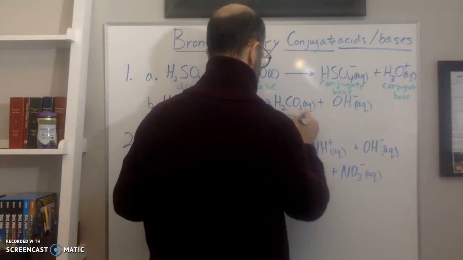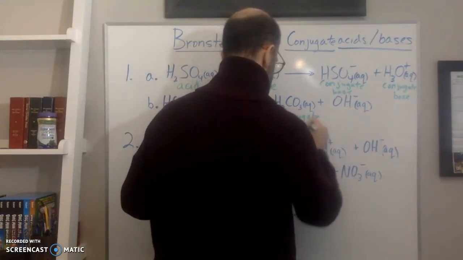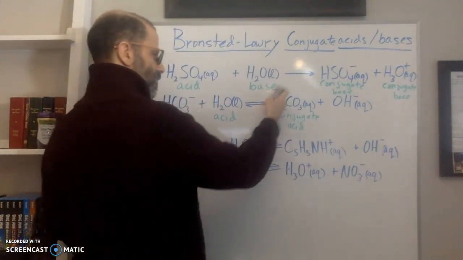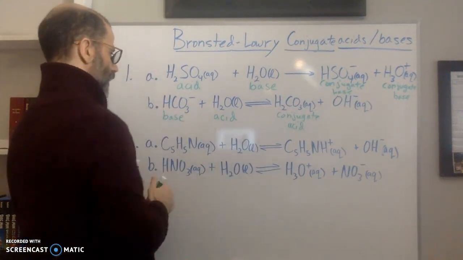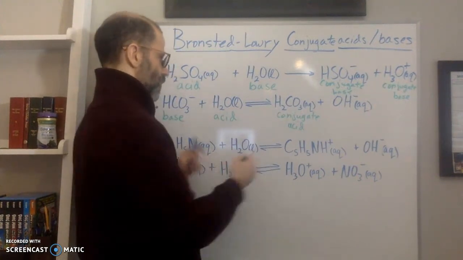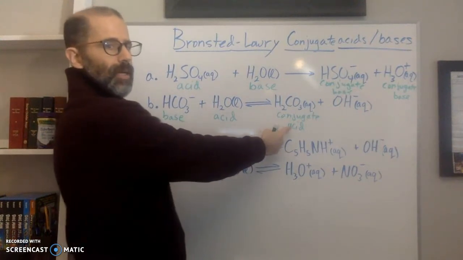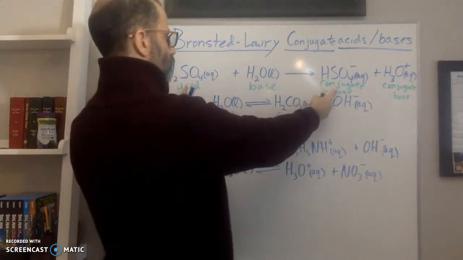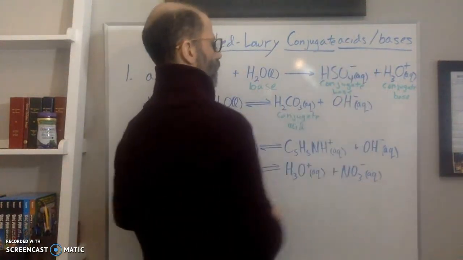Conjugate acid. And again, you can go backwards. If you go back, then this acid loses the proton and becomes HCO3 minus. That's why it's called the conjugate acid. These two are related: the only difference between these two is a hydrogen.